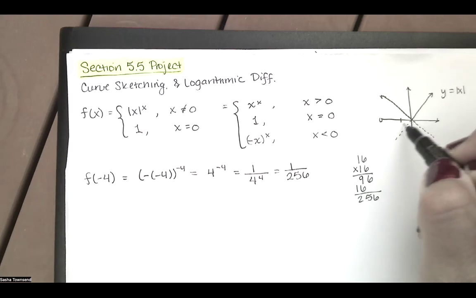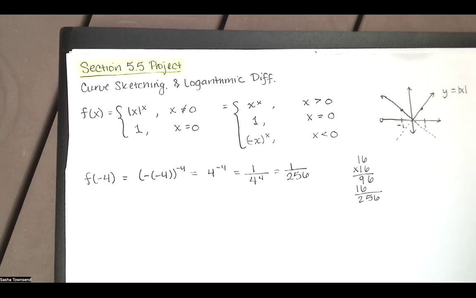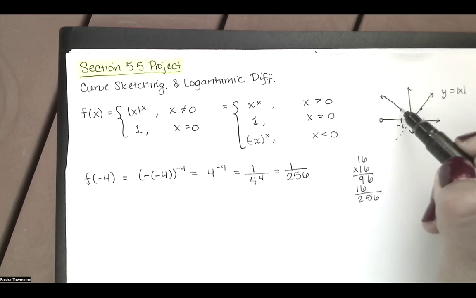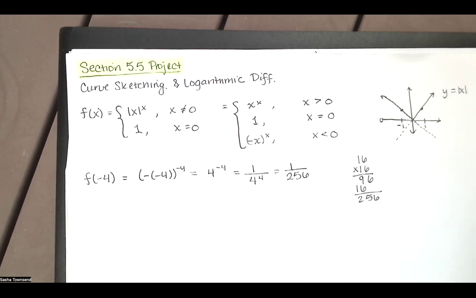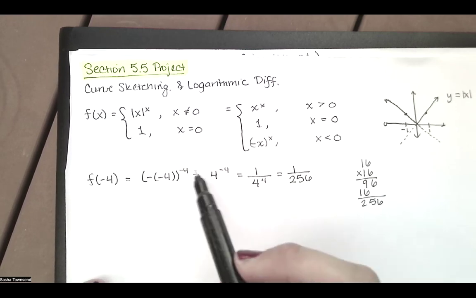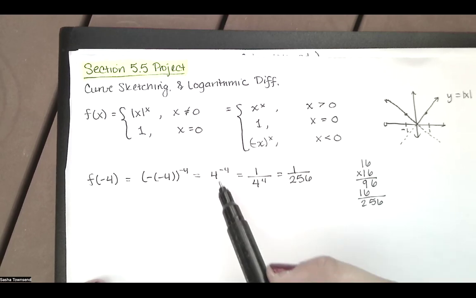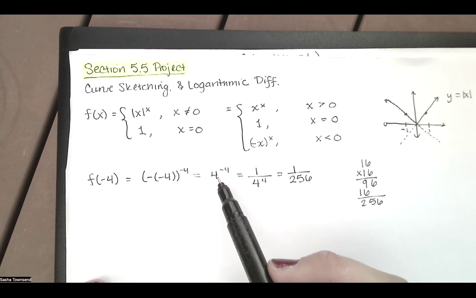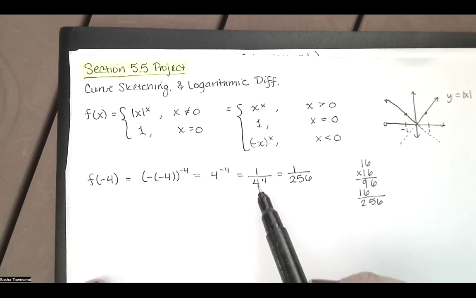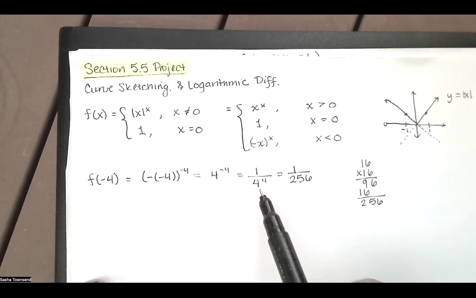If we are beyond -1 and 1, so that the absolute value of x is greater than 1, so if we're over here or over here, then we're going to have a number that's greater than 1 raised to a power whose absolute value is greater than 1, and those numbers are the same except they have opposite signs. So we'll have 1 over x to the x, or the absolute value of x to the absolute value of x.